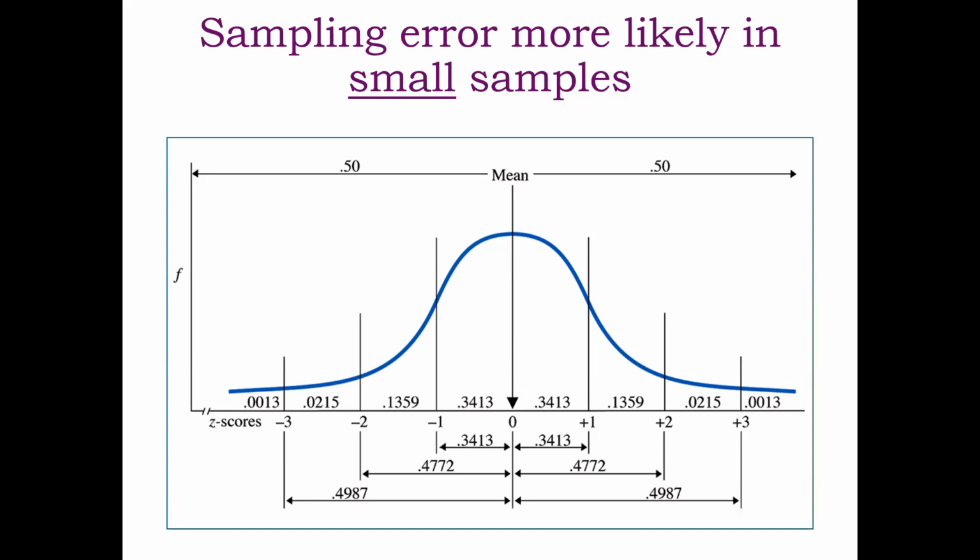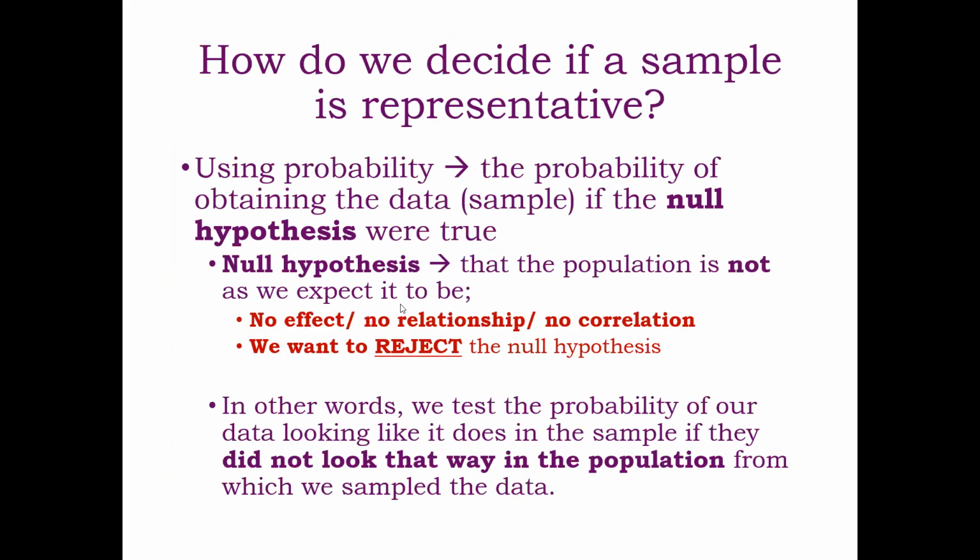But how do we decide if a sample is representative? This is what we're going to be doing next week, but I'm going to walk you through this now. We use probability to decide if a sample is representative of the population that we're targeting. Basically, we are estimating the probability of obtaining the data from our sample if the null hypothesis were true.